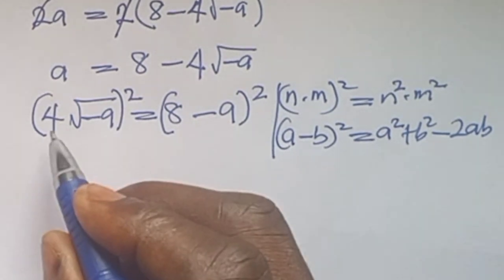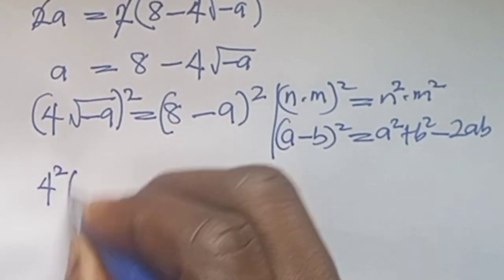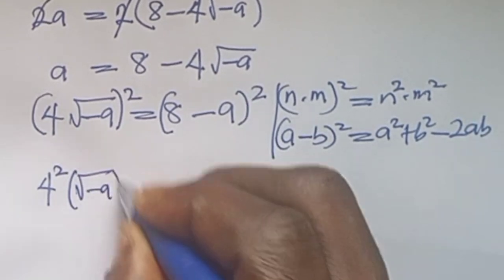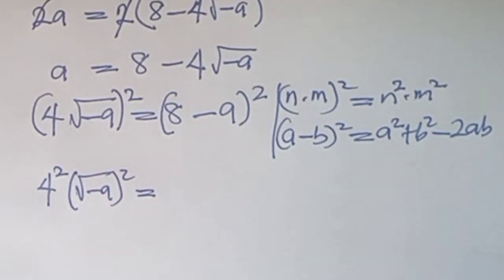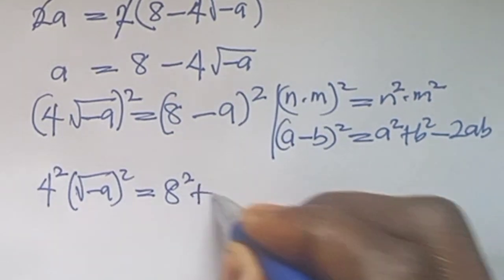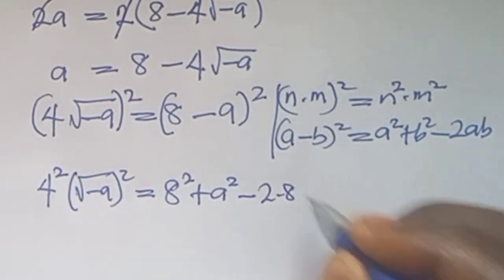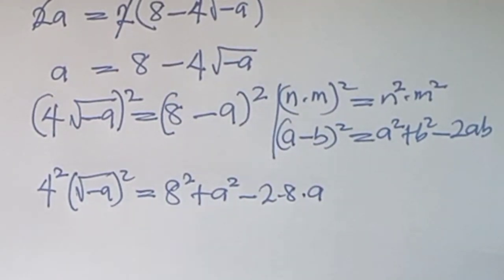So the next line becomes 4 to the power of 2 times square root of minus a squared is equals to 8 to the power of 2 plus a to the power of 2 minus 2 times 8 times a.